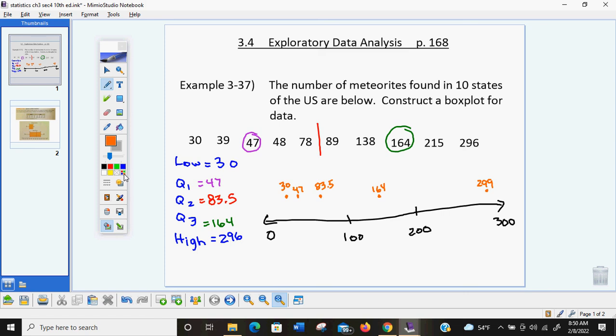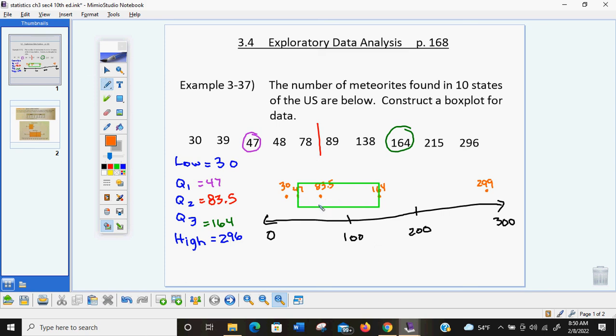Now, we are going to draw a box. We're going to draw a box from Q1 to Q3, around these 3 numbers. So my box is going to look like this. It's going to go from Q1 all the way to Q3. You put your box with these middle 3 numbers, you leave the median in the middle.